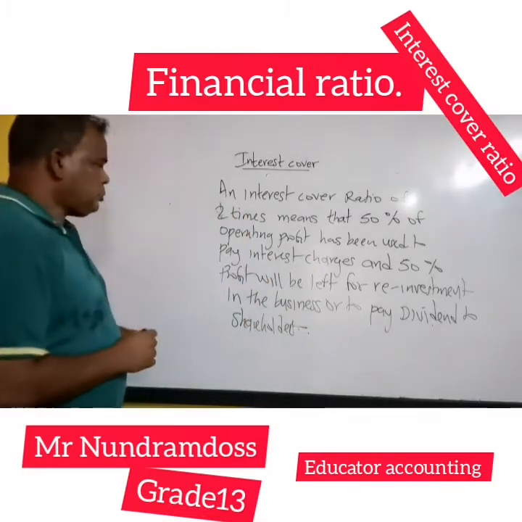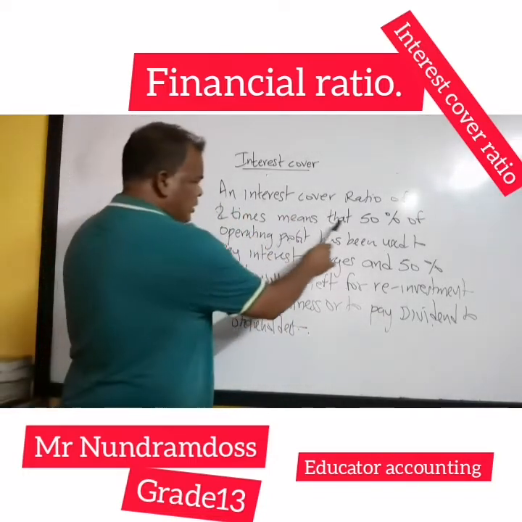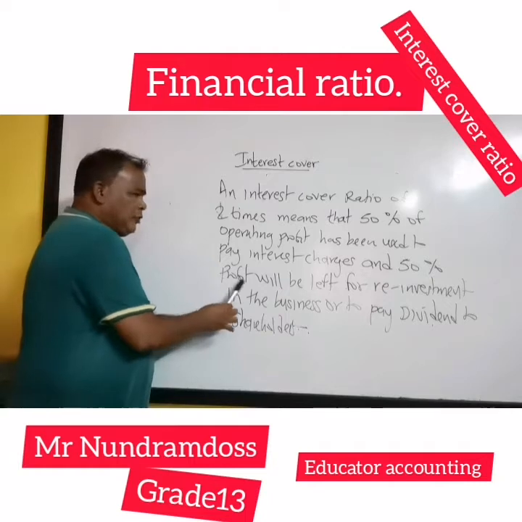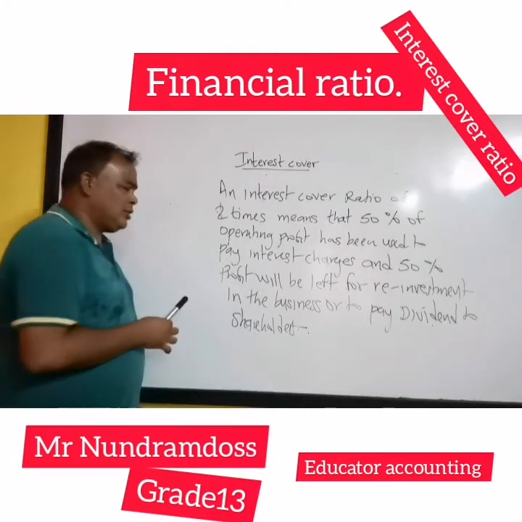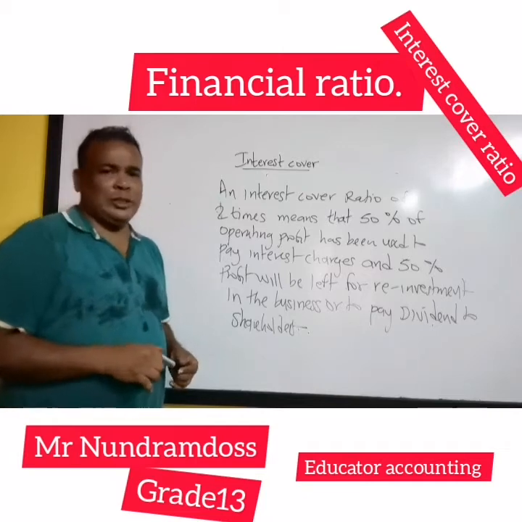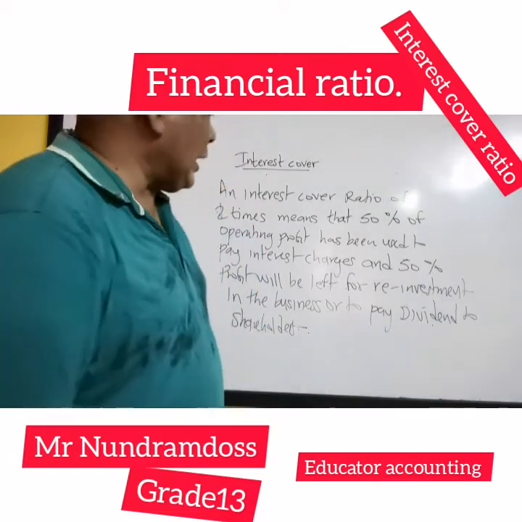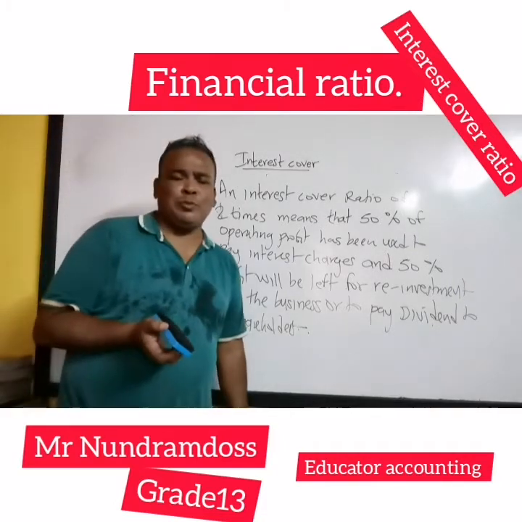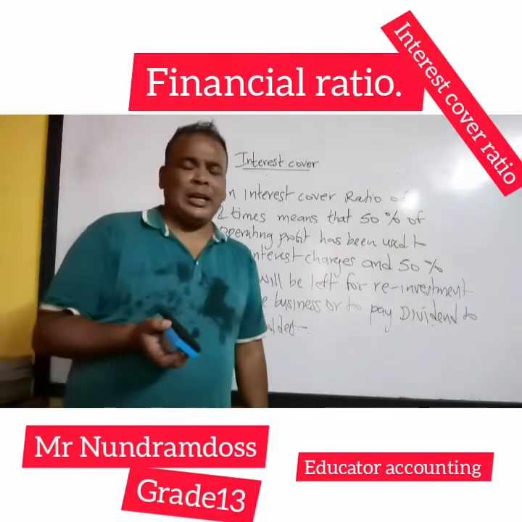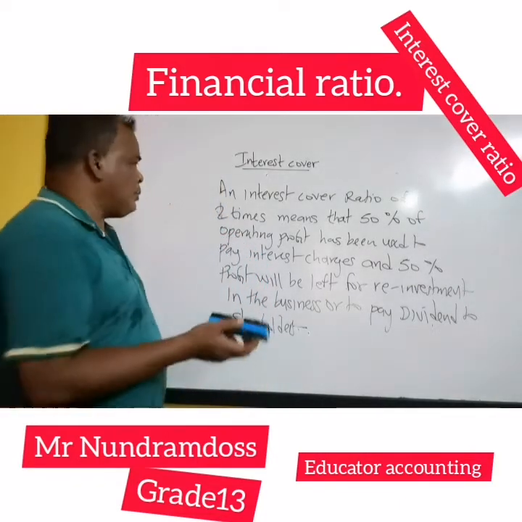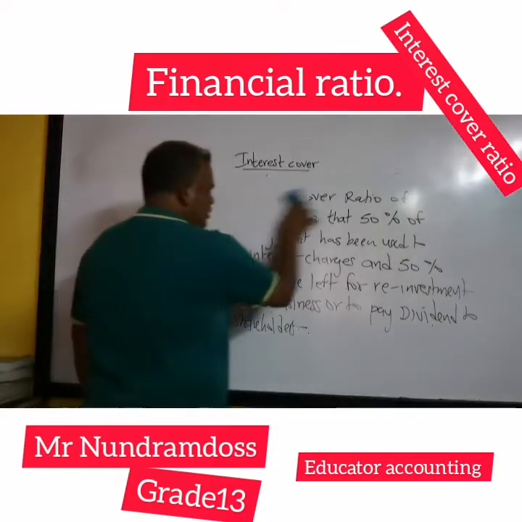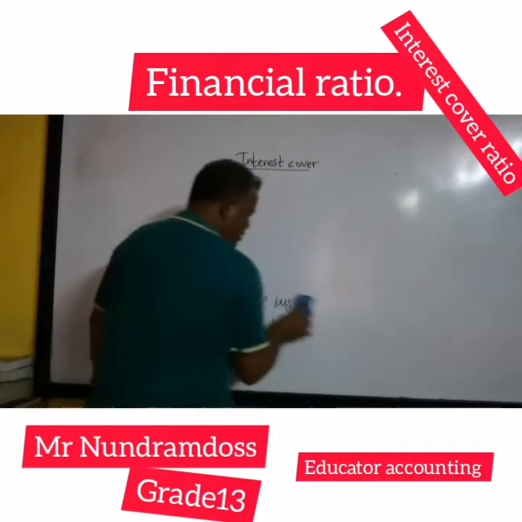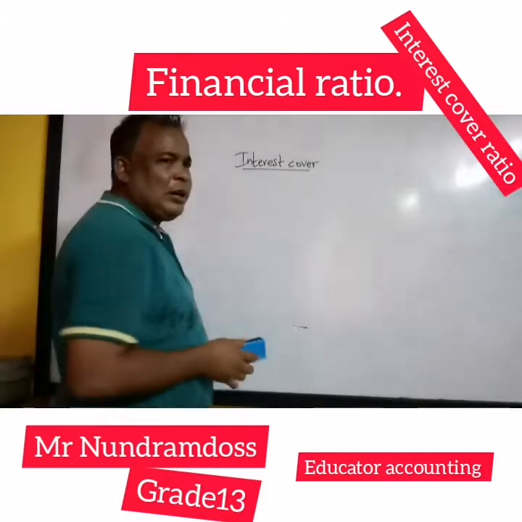So here we are. An interest cover ratio of 2 times means that 50% of operating profit has been used to pay interest charges and 50% of profit will be left for investment in the business or to pay dividend to shareholders. So if interest cover is low, that is below 2 times, it means that the company is experiencing problems in paying interest charges. In this case, if the company cannot pay interest charges comfortably, less profit will be left for reinvestment purposes and to pay dividend to shareholders.